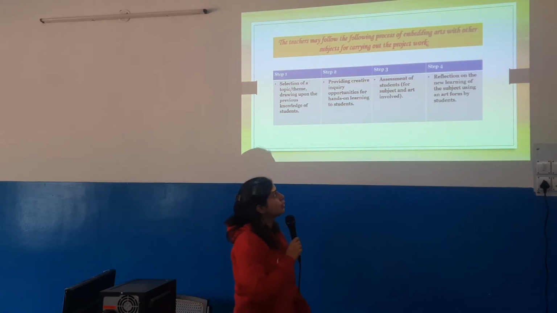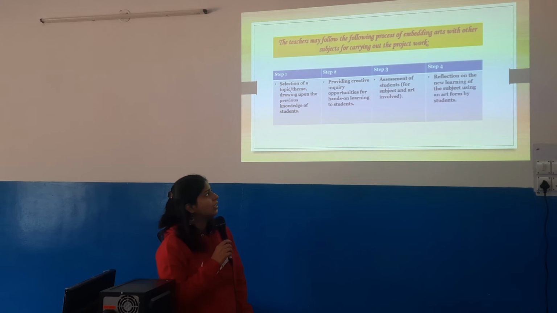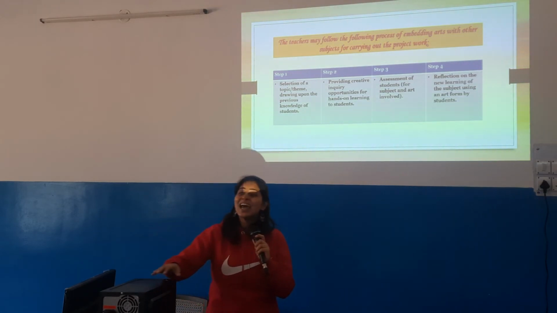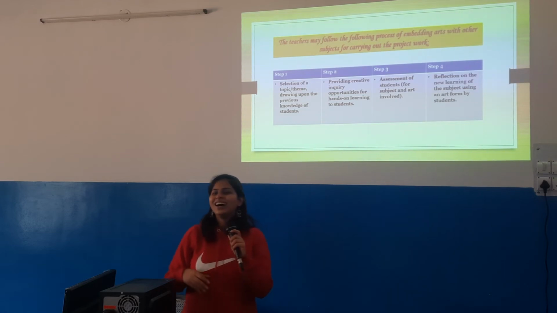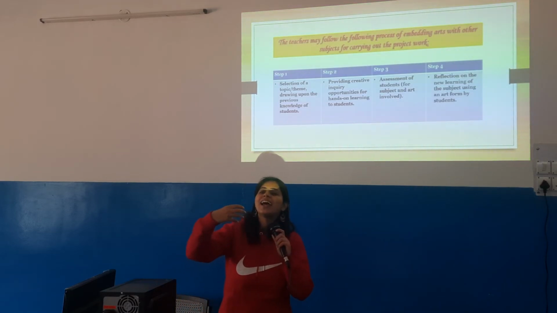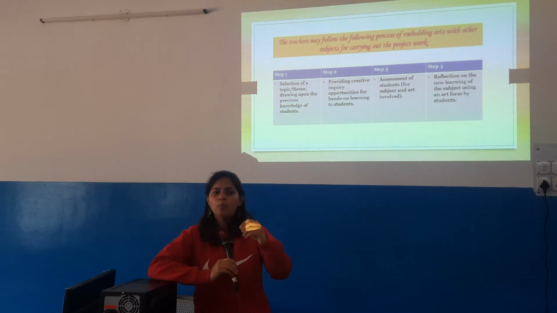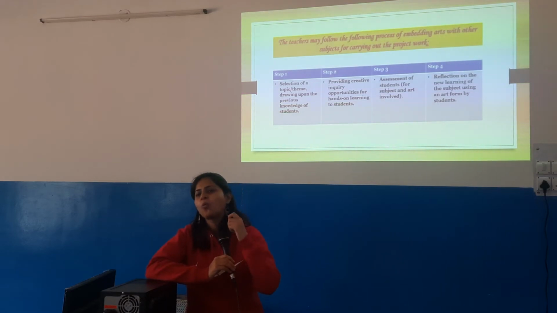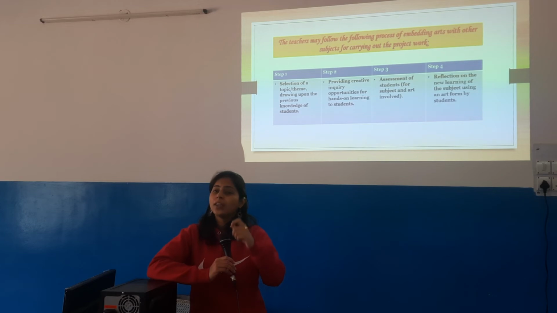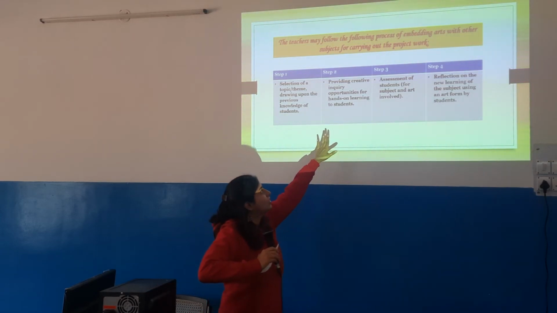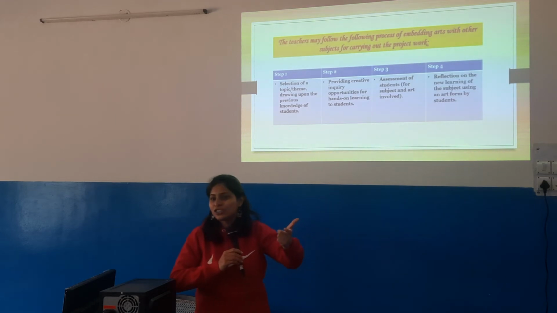Next, assessment of students for subject and art involved. Now here assessment will not carry any marks as such. Assessment over here means to know what the child has done. As a teacher, let us move, take a round and find out what they have done. Assess whether they have worked, whether they have understood the topic, whether they have understood how to integrate their hands-on learning.